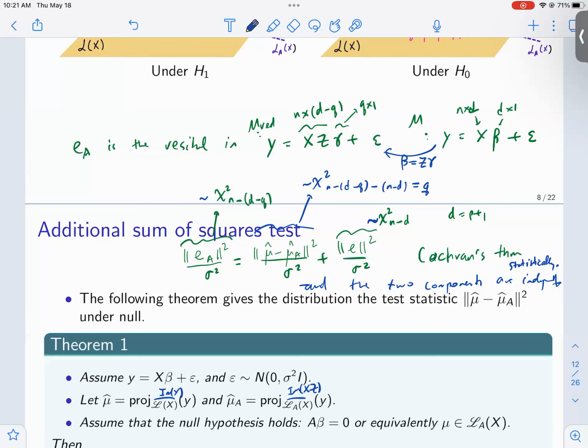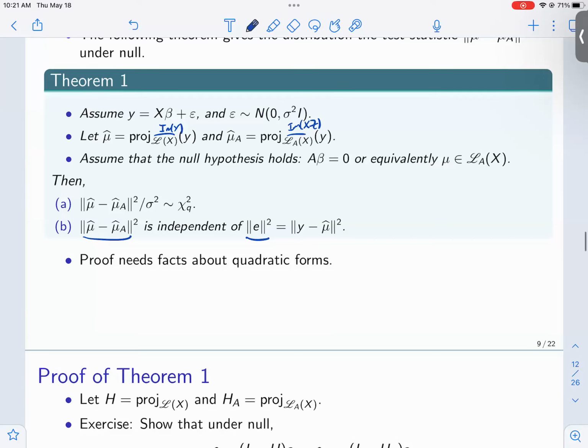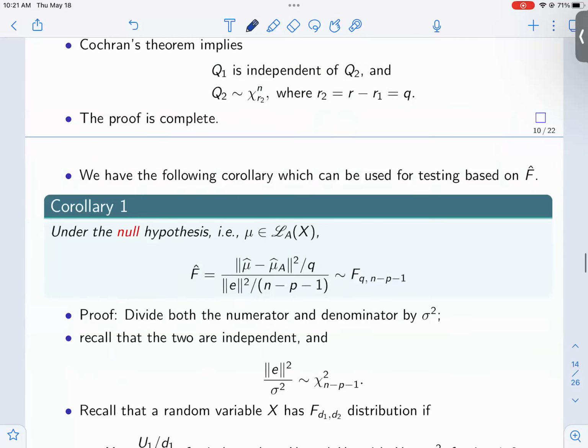If you know this fact, and you know what an F distribution is, now I can construct an F distribution. What is the definition of an F distribution? How do you get an F distribution? You divide two normalized chi-squared variables.